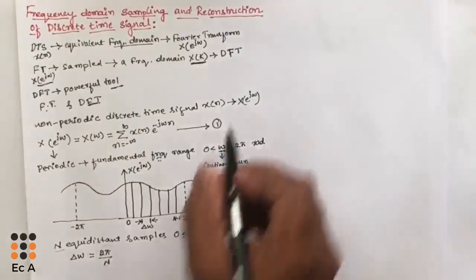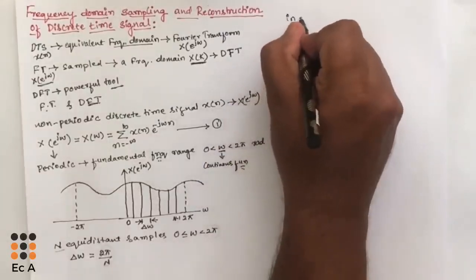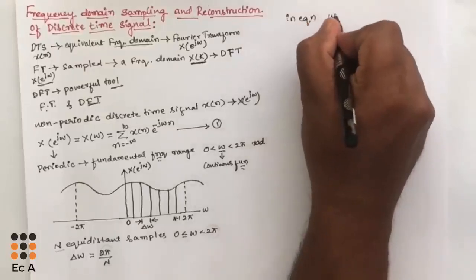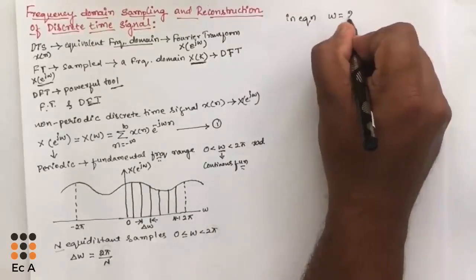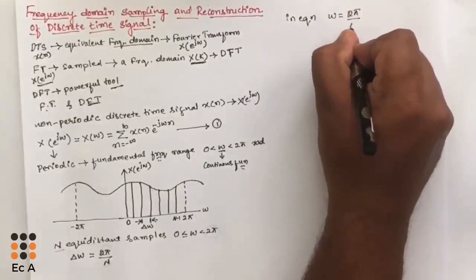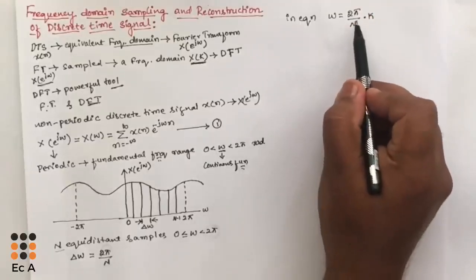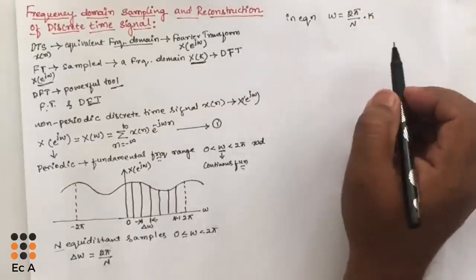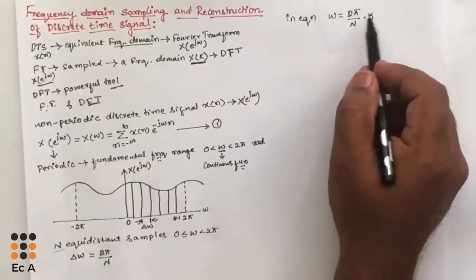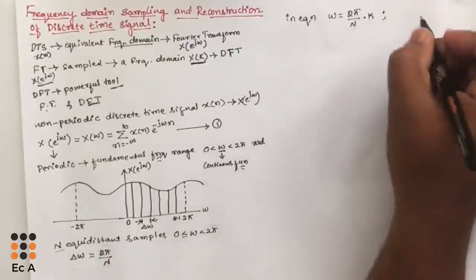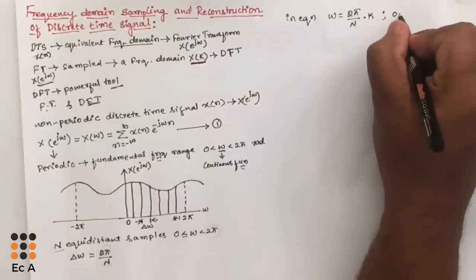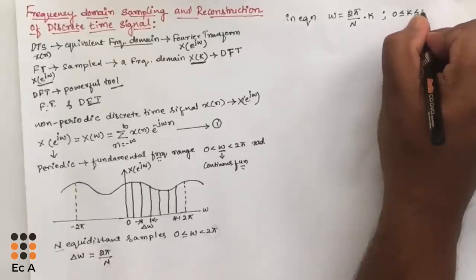Using this analysis, in equation 1, we will replace omega by 2 pi by N into k. So here we are taking k with a range 0 to N minus 1.